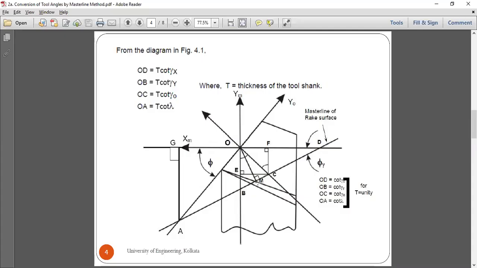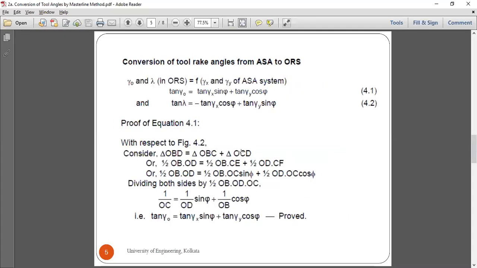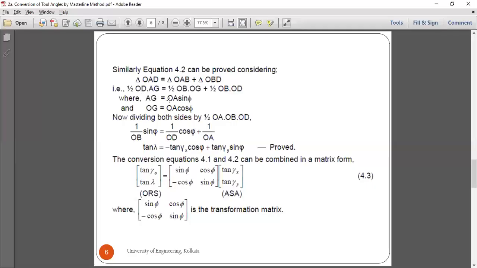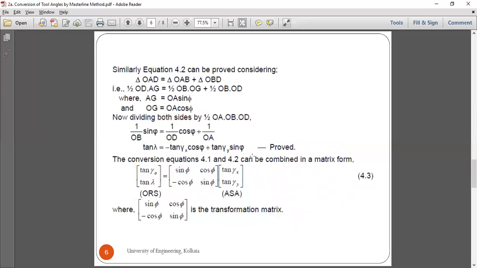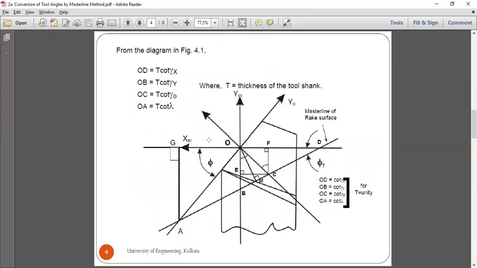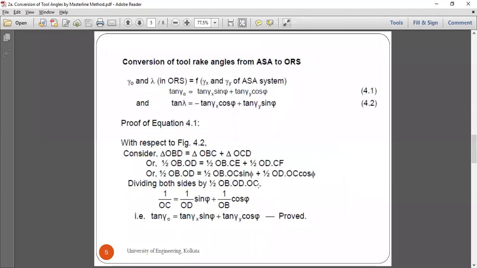OM here is the altitude. If we look into this triangle OAD, you can consider the base as AD, half into AD into OM.